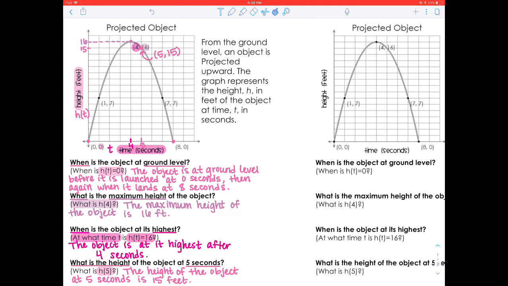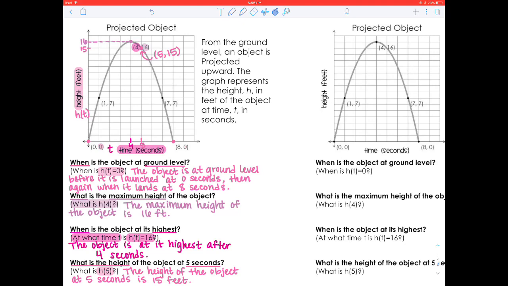We don't have negative height unless we go underground, and we don't have negative time, really. So that's not really going to make any sense for us projecting some sort of object, like launching a rocket or shooting a basketball or something like that.